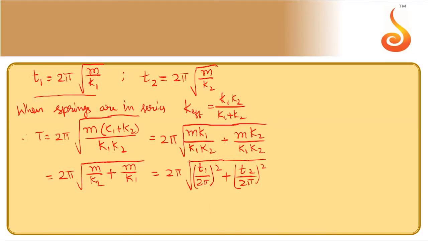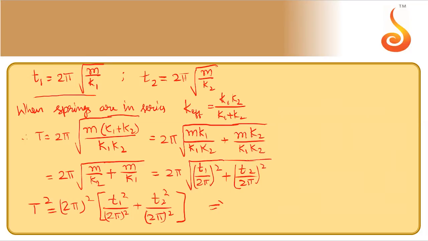Now square on both sides, T square is equal to 2 pi square into T1 square by 2 pi whole square plus T2 square by 2 pi whole square, correct? So the 2 pi square gets cancelled, and you will get T square equals T1 square plus T2 square. That should be option B.